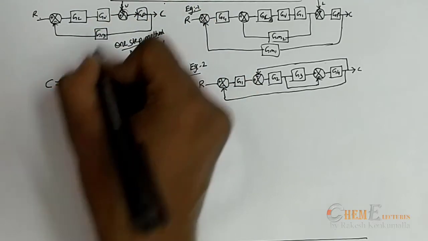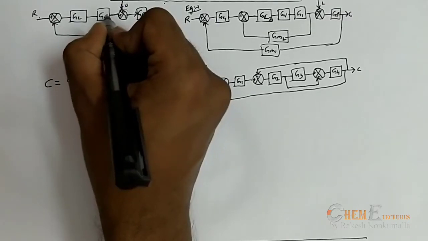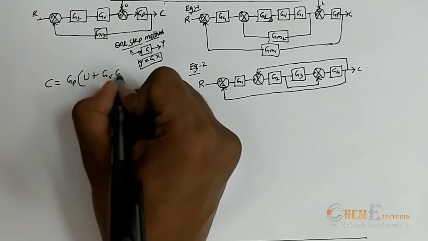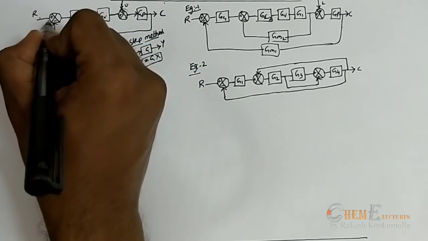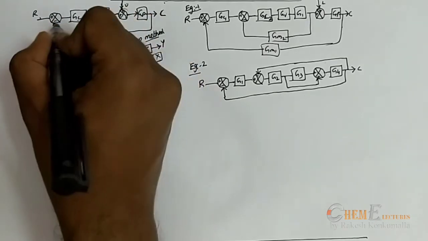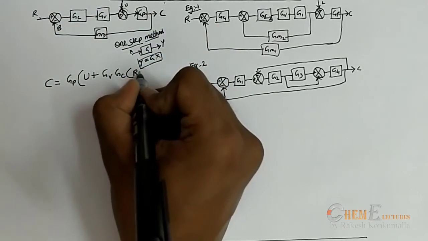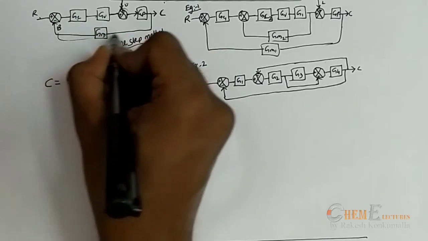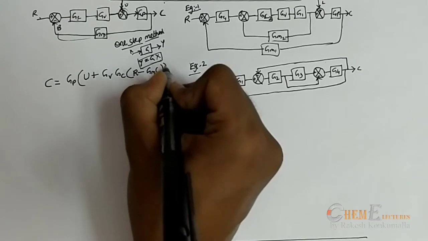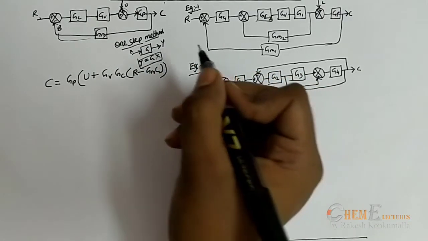So GP into this will be U plus, again going backwards, GV into GC into again a comparator here with R minus, let's call it B, R minus what will be B, GM into C. So simple, in one step I got the equation.